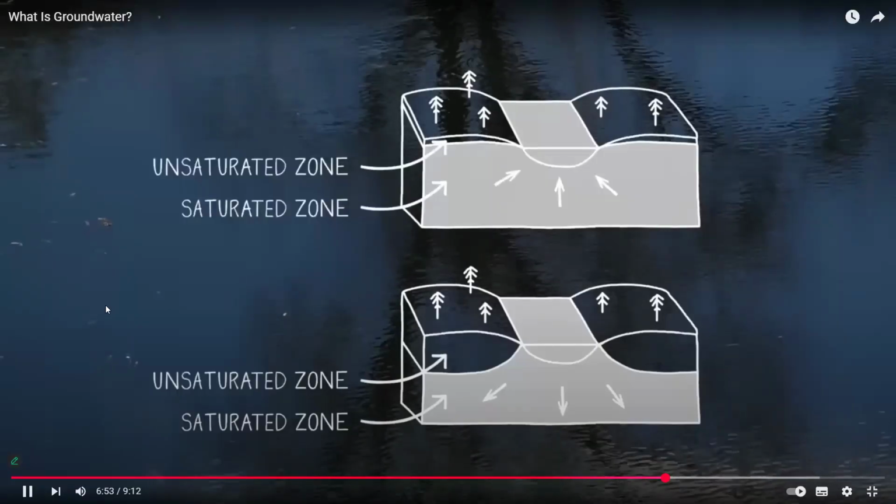The streams flow across the surface, over some permeable layers and some impermeable layers. The streams themselves also carry a lot of gravel and sand, and so they lay down a bed of permeable sediments.